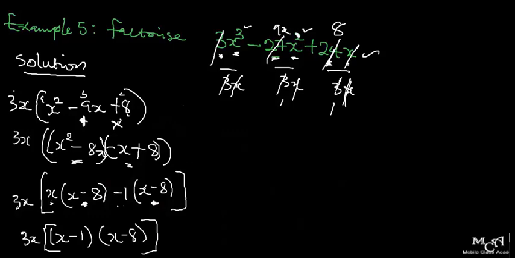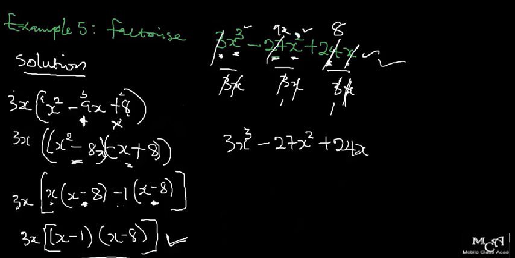Then our 3x. So this is the solution to this question. This is the answer to the factorization of our question, which is 3x raised to power 3 minus 27x squared plus 24x. So the factorization of this is this.